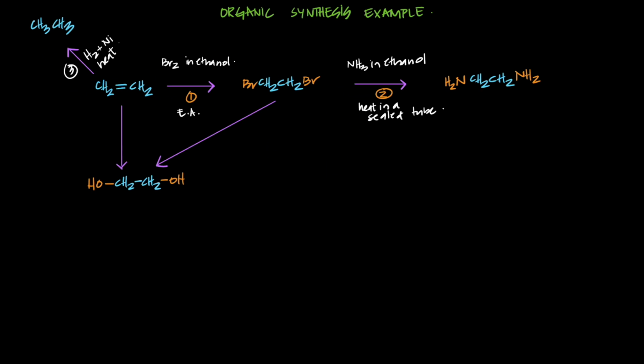Let's call these reaction number 4 and reaction number 5. Reaction number 4 is replacing the bromines with OH. We've done all these reactions before. Replacing the 2 halogens with the 2 OH, what do you need for that? You need NaOH aqueous, and the conditions are heat under reflux.